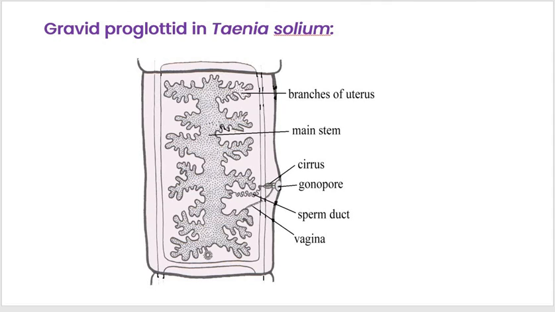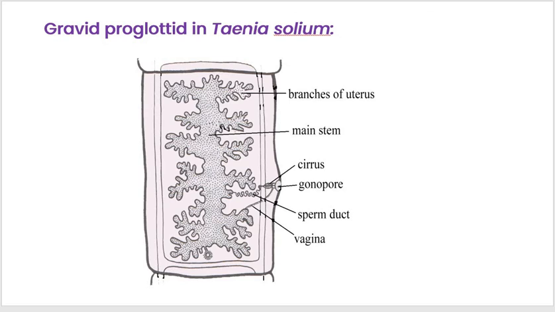Hermaphrodite means both sexes are present in a single body of the animal. Then the last segments, that is 150 to 350 proglottids, are the gravid or ripened proglottids. The gravid proglottids are the largest and oldest of the other kinds of proglottid.